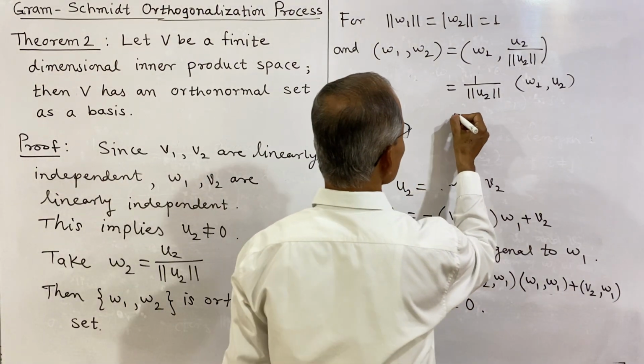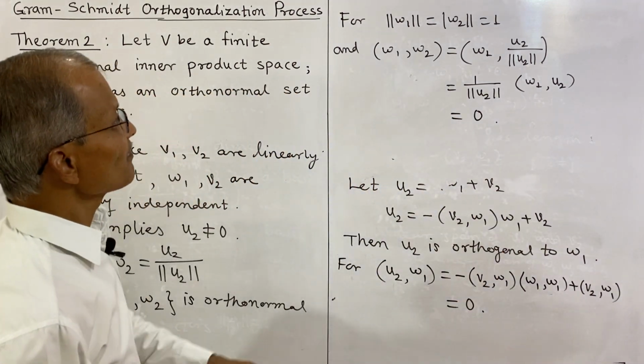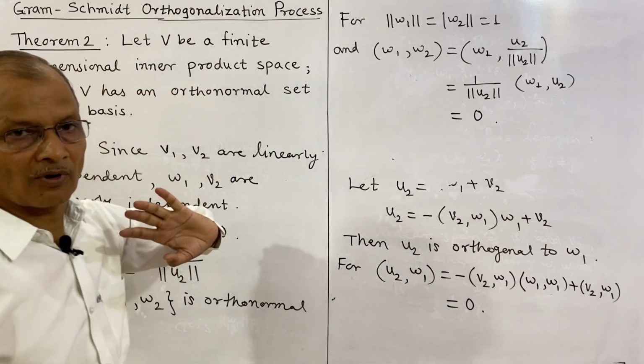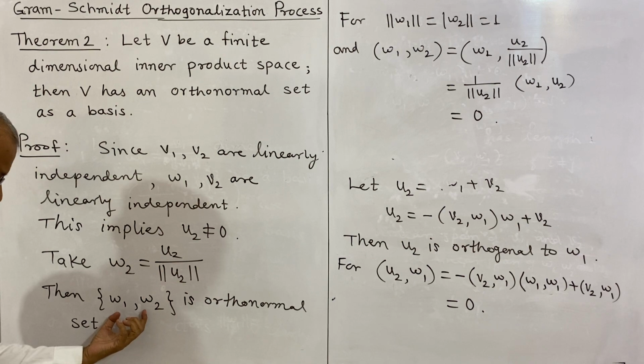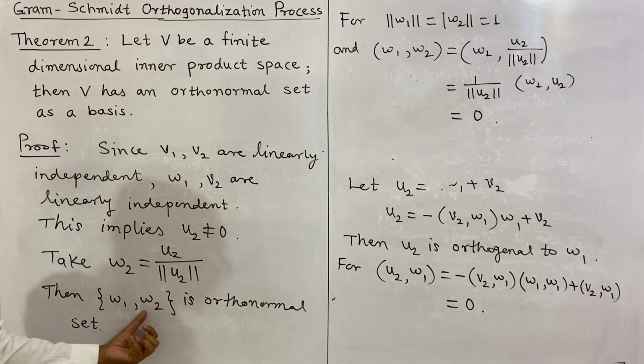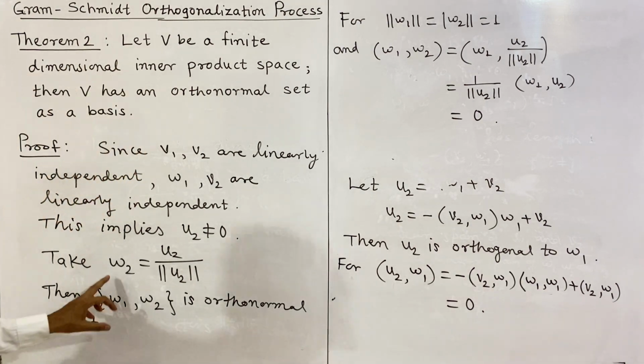Thus this satisfies the condition of orthonormality of this set: each of length 1, and if their suffixes are different, then the inner product is 0. So that is the reason for this.